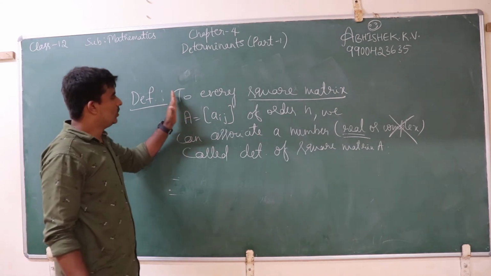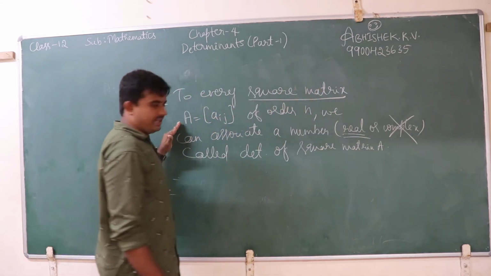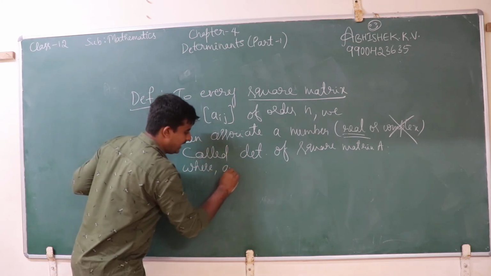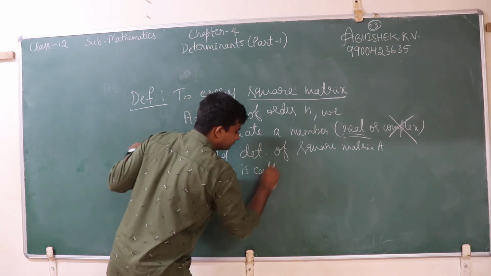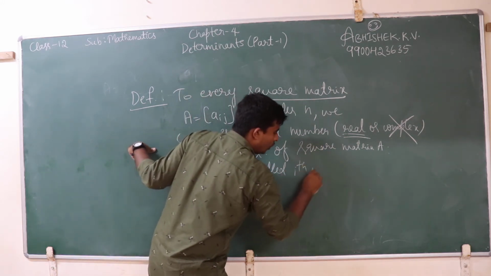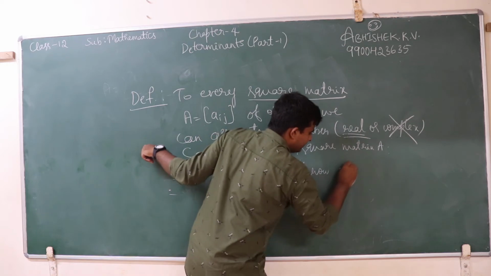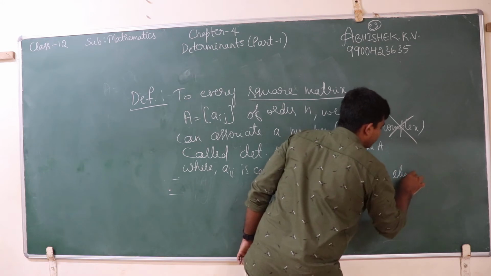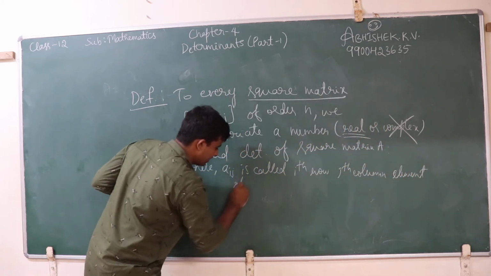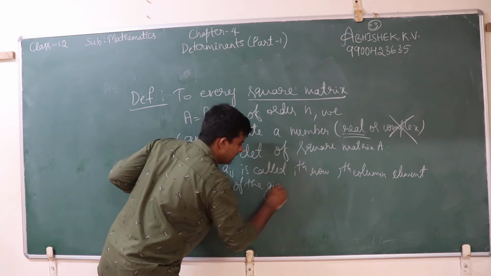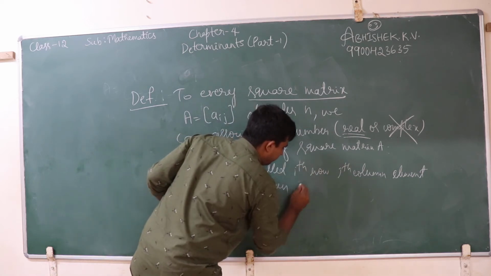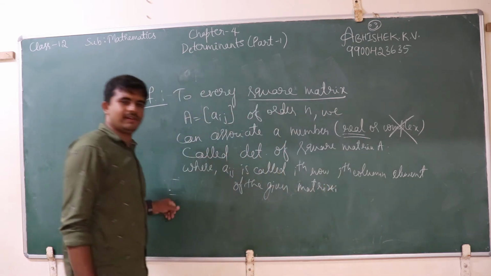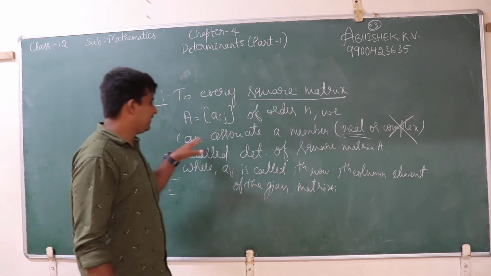This is the definition. To every square matrix A is equal to Aij, where Aij is called the ith row, jth column element of the given matrix of order n, we can associate a number.